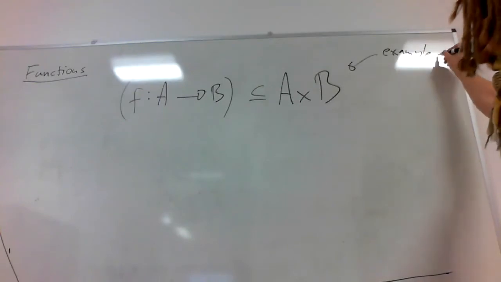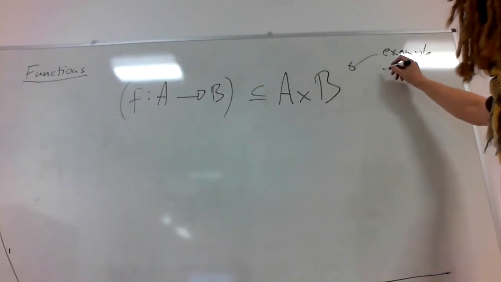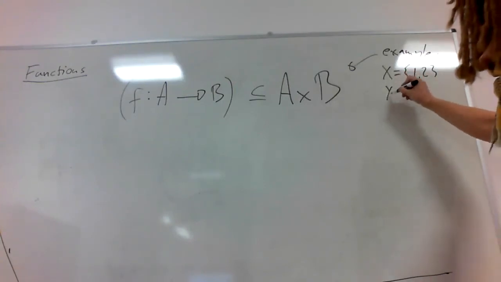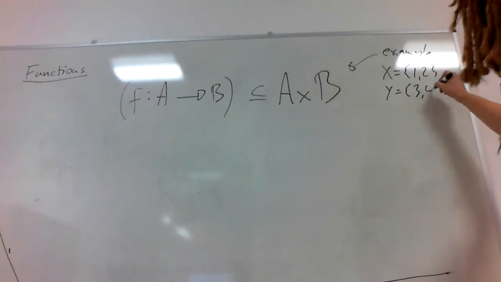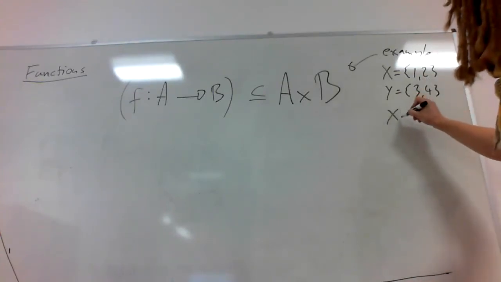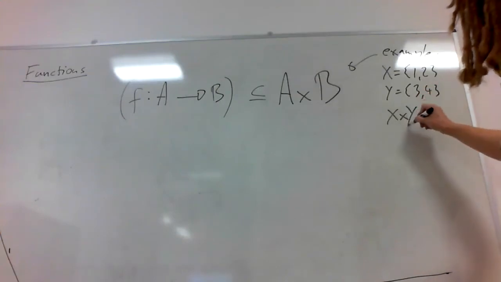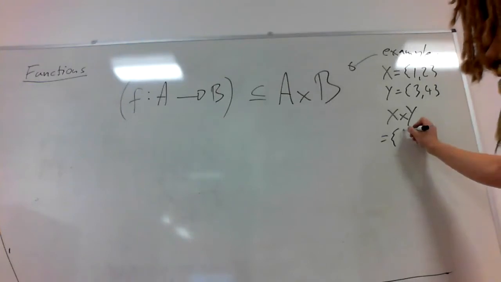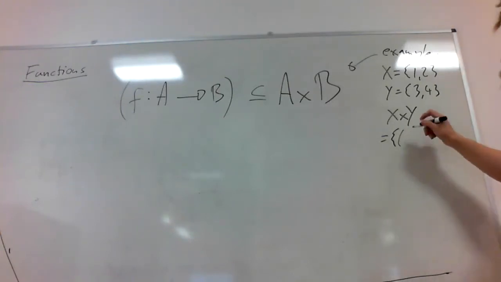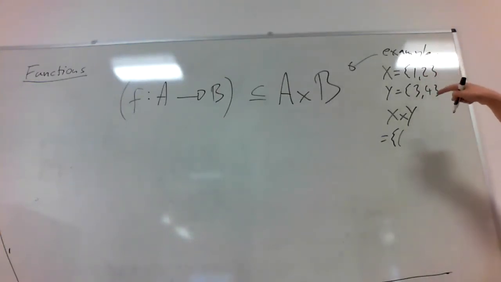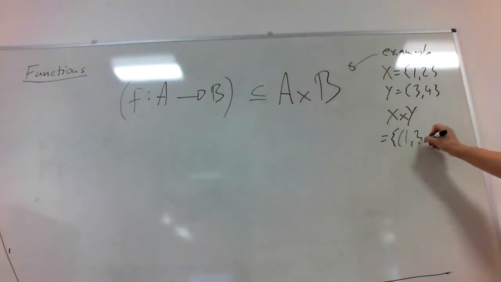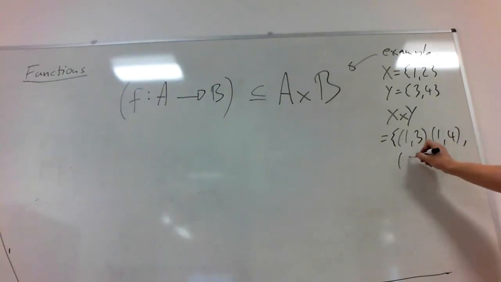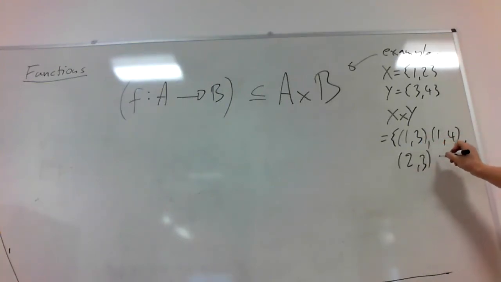If we have a set X, which is 1 and 2, and a set Y, which is 3 and 4, then the Cartesian product of X and Y is the set of all tuples, so all combinations that we can make from here. So we have 1 and 3, 1 and 4, 2 and 3, and 2 and 4.